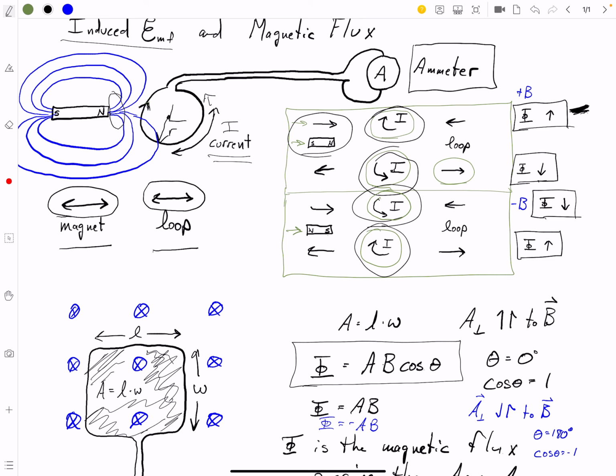I'm going to clear out the inside of this loop so we can do some work with the right-hand rule. Put your thumb along this current. We want the current going to the left on the bottom side, coming up the left side, okay?